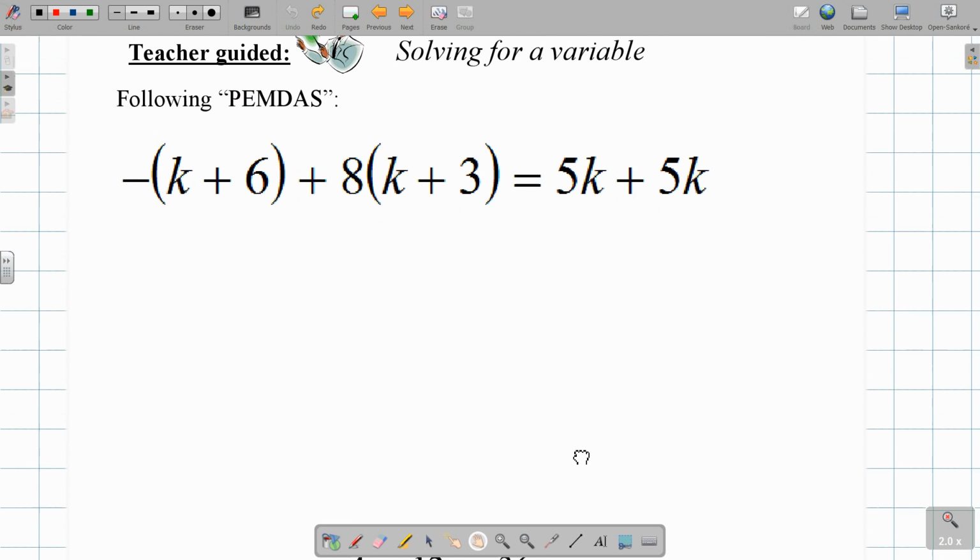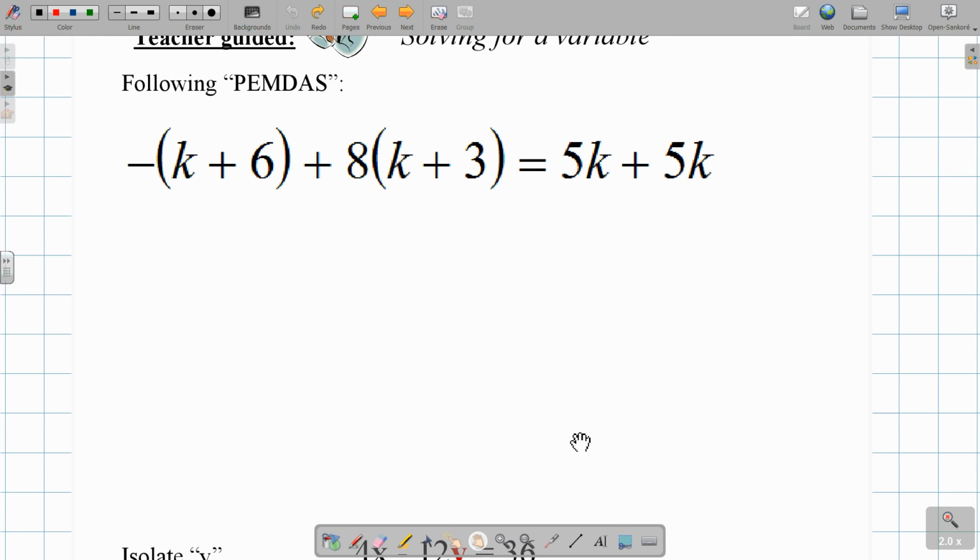So when working with equations, of course, we're going to follow the general rule of PEMDAS. But a couple things I want you to always do in this class.